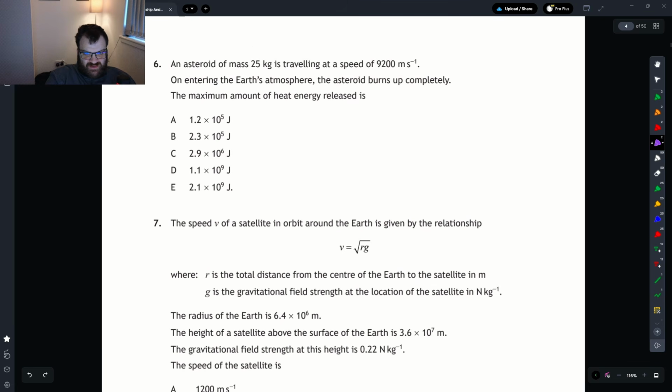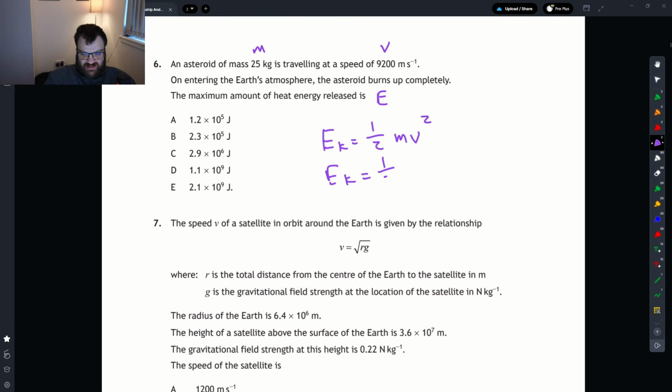And this next one, we have a mass, we have a speed, and we are asked for energy. Now it's moving, traveling. This is sounding to me like kinetic energy, which would be Ek equals a half mv squared. So Ek is a half times 25 times 9,200 squared.